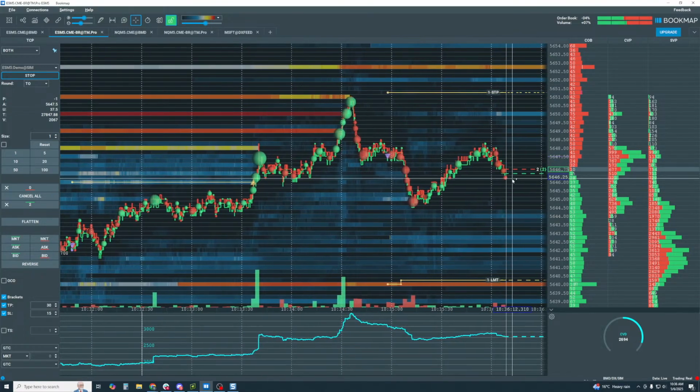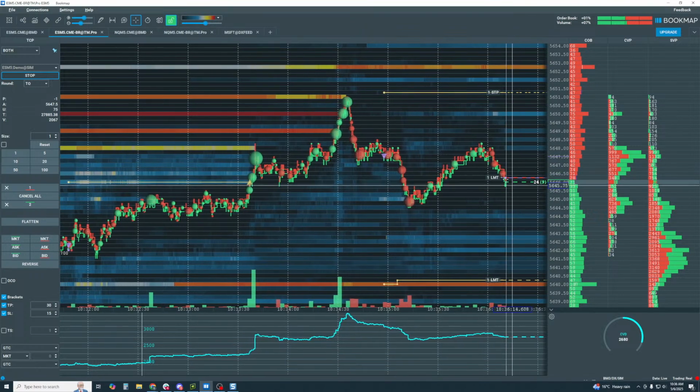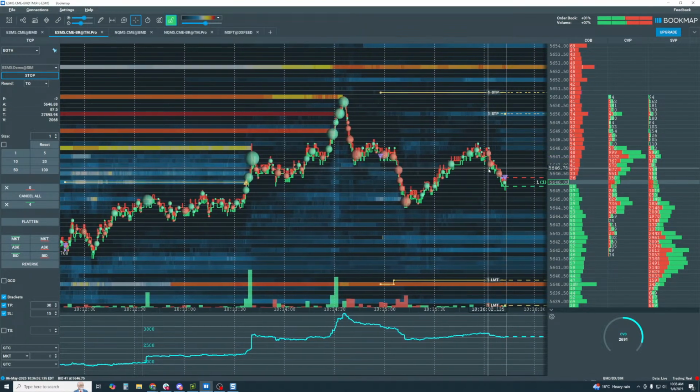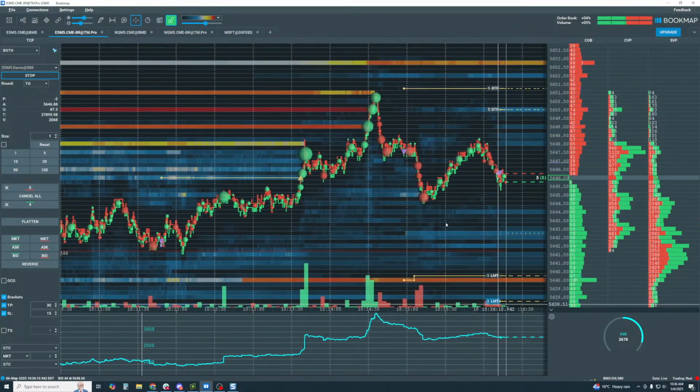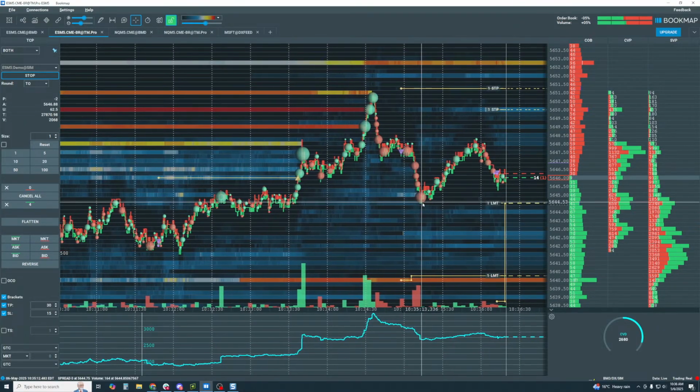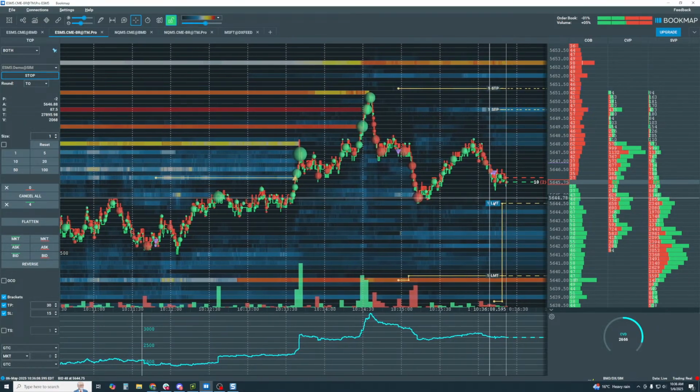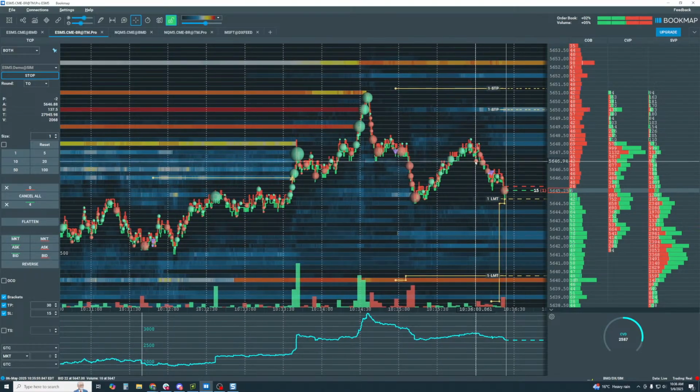Okay, now we're getting some sellers. All right, sellers, let's see if you can drop this again. And a smart thing to do would be to take some off at the bottom of the range here, just in front of it.